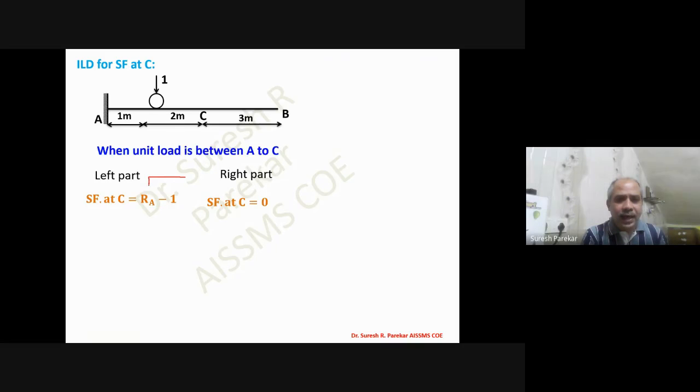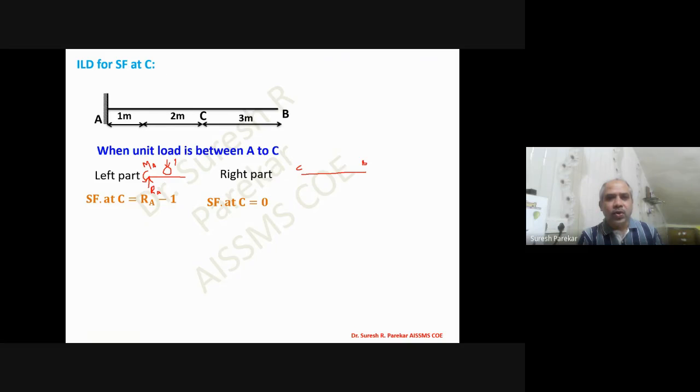I have RA over here, and then we have a value of 1 somewhere between A to C. So this will be value 1. MA is there, but MA will not come in the equation of force. Now if we go to the CB portion, simply nothing is there. So this is CB, and therefore I get the shear force here equal to 0.